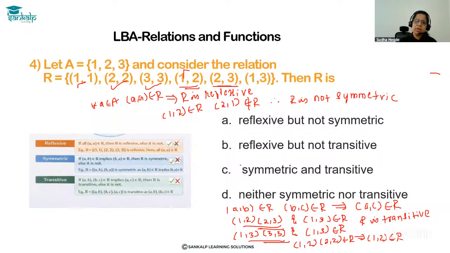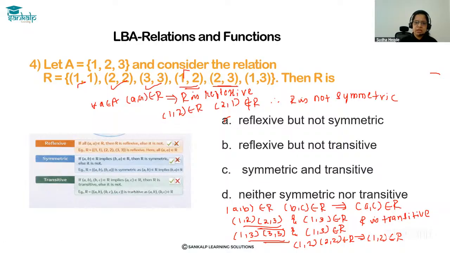Now take the options. R is reflexive but not symmetric. So clearly R is reflexive but not symmetric. Second option, R is reflexive but not transitive, but we have proved R is transitive, so the second option is not correct.